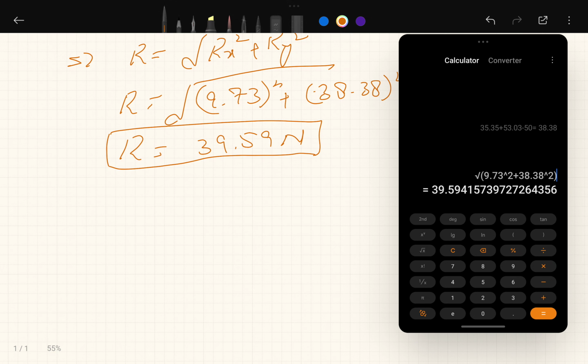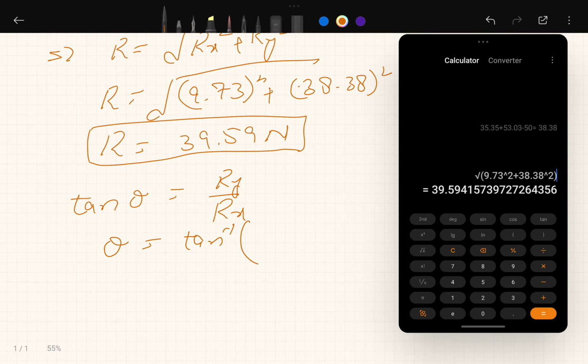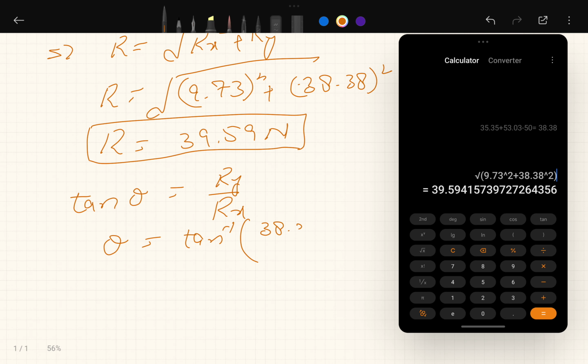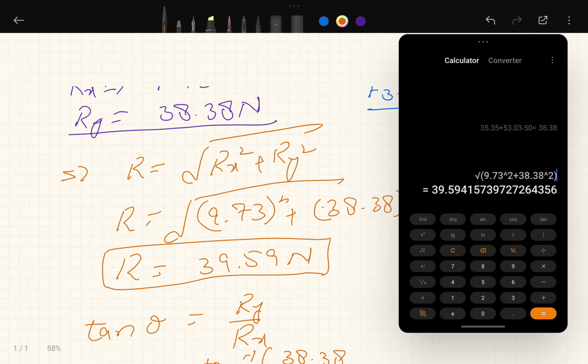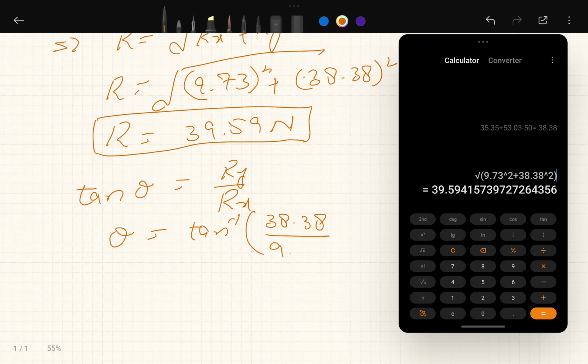So theta would be equal to tangent inverse of, what was Ry? It is equal to 38.38 and our Rx is equal to 9.73. Right, so let's go and calculate it.